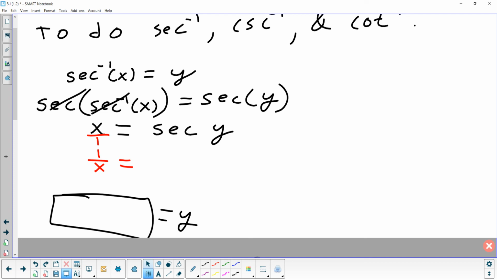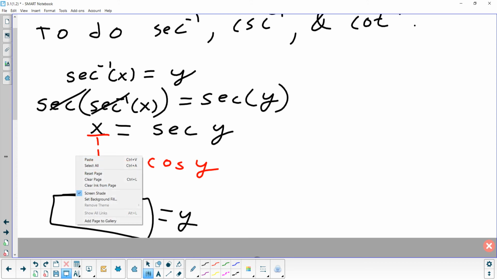Cosine. When you flip secant, it turns into cosine. We normally didn't do it that way. We normally flipped cosine to turn it into secant. But if you flip secant, it turns into cosine. And the whole point of doing that is now we've just put a trig function on the board that we have a button for. So I flipped what was on the left, and I get 1 over x. And then if you flip what's on the right, yes, it is this.